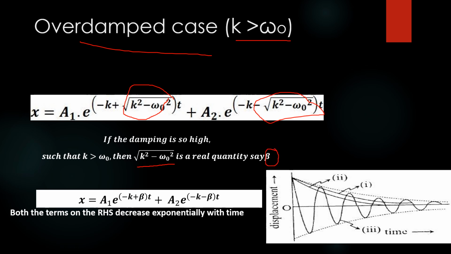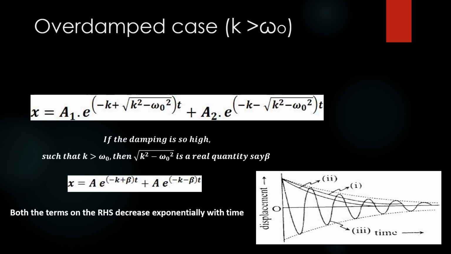So here in the overdamped case, instead of root of k square minus omega 0 square, we will put beta. Please remember, we put it as i omega in the underdamped case, but here we are putting it as beta.